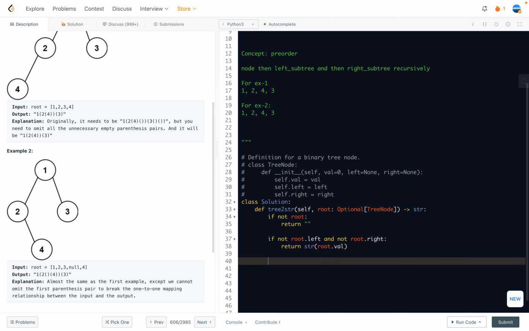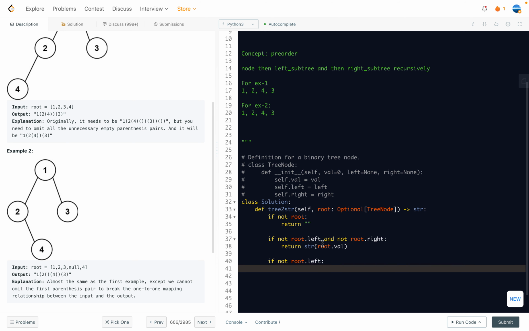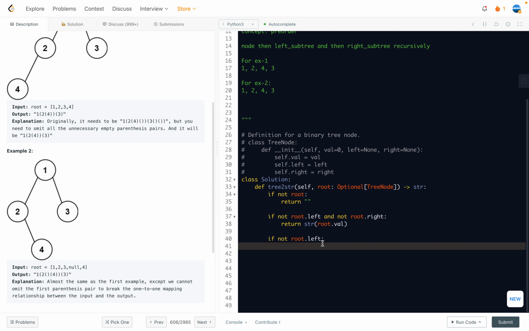So now let's consider if not root left. In this case, we must have a right subtree, so we need to pay attention. We need to return string of root value, and then we know we do not have left. We need to indicate that this is the right subtree, so we need empty parentheses.